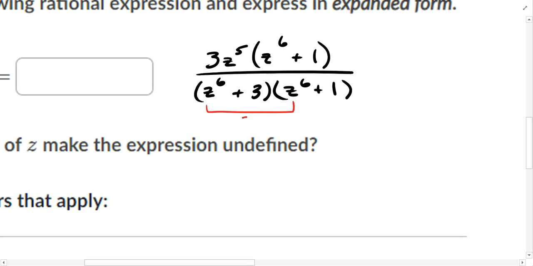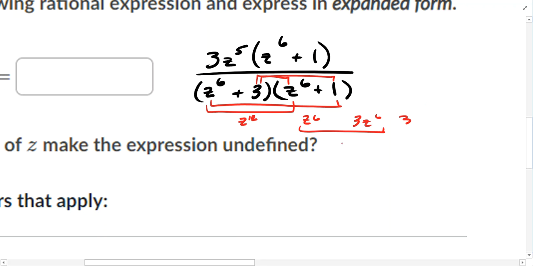Z to the 6th times z to the 6th is z to the 12th. Z to the 6th times 1 is z to the 6th. 3 times z to the 6th is 3z to the 6th. And then 3 times 1 is 3.